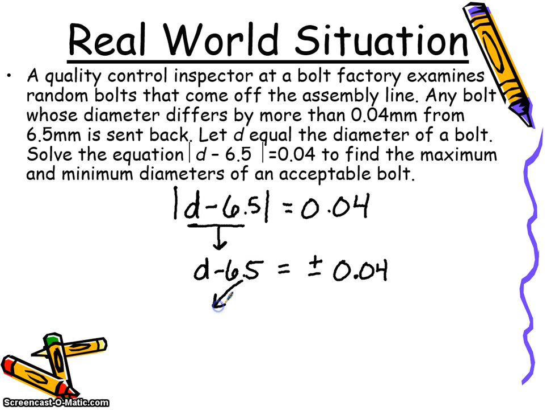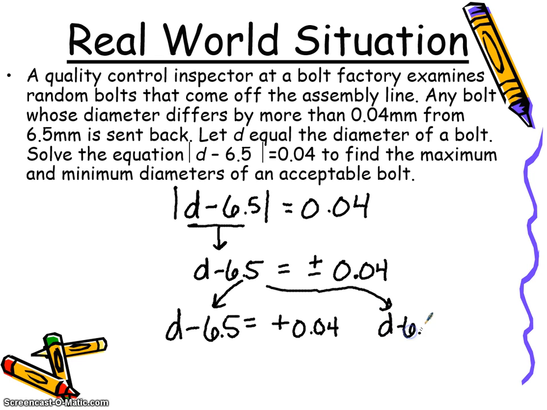So we know that the difference between the size of the bolt and 6.5 could be up to 0.04 more, or the difference between the diameter of the bolt and 6.5 could be up to 0.04 less than 6.5.